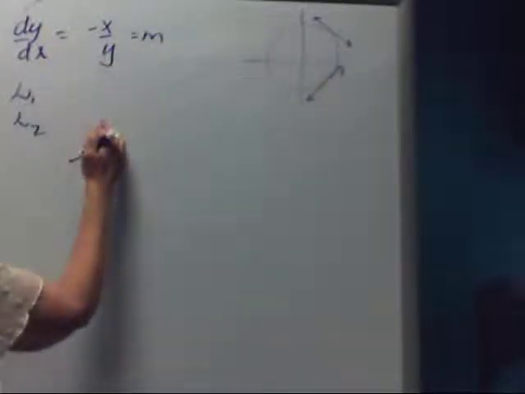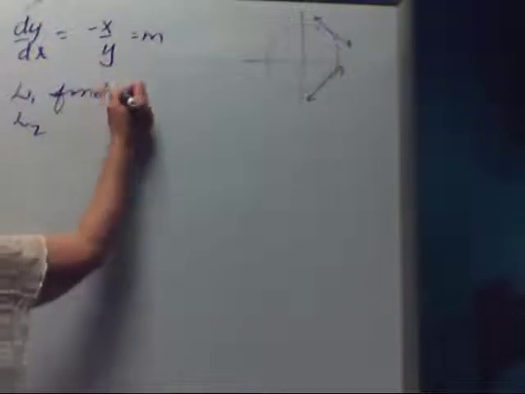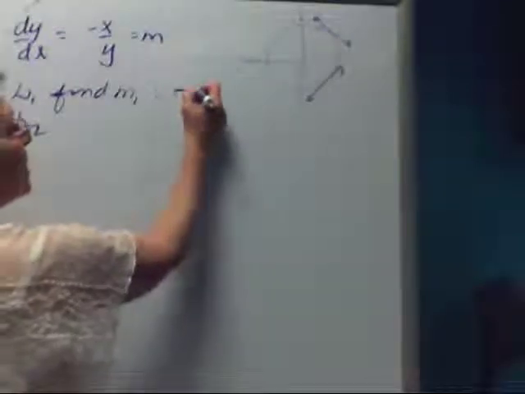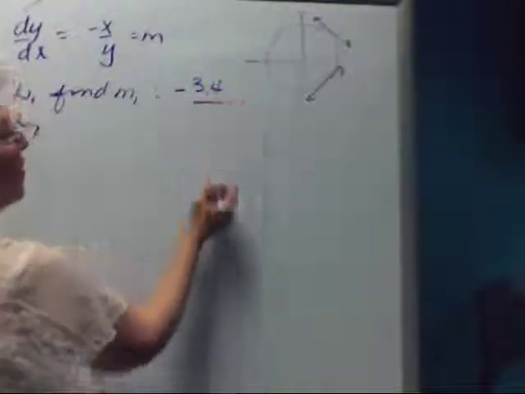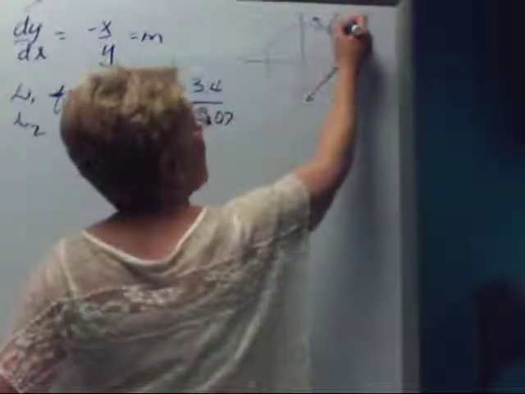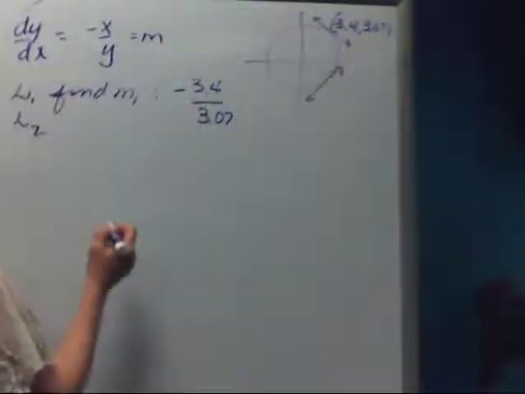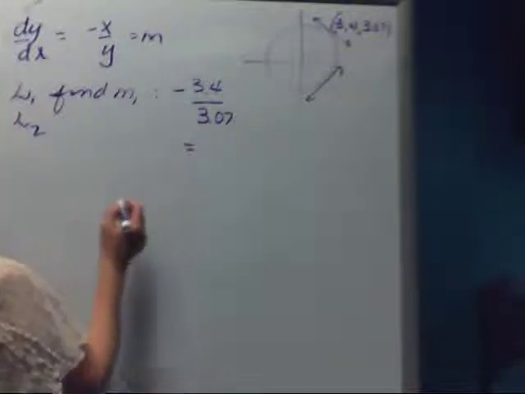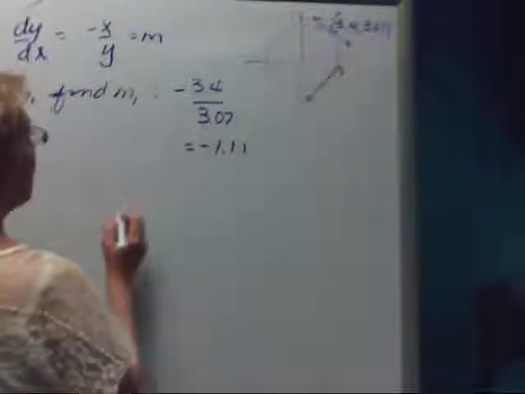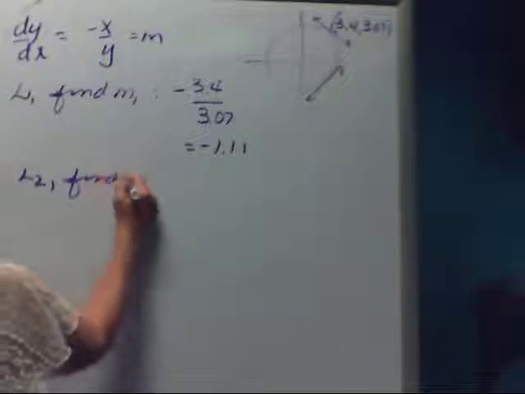So we need to find the m for the first line. So find m1. So that's going to be minus x, so minus 3.4 over our y, which was 3.07 for this one, 3.4 positive 3.07. And that turns out to be approximately 1.11 but negative.